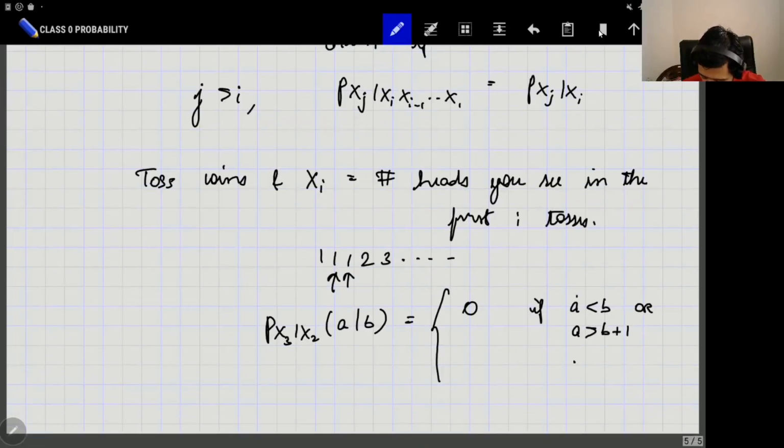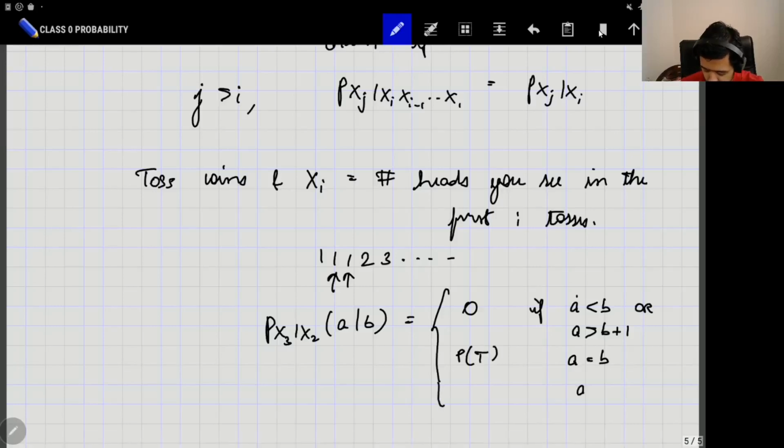If a equals b, then it means that we saw a tail, and so this is simply the probability of seeing a tail. The only other case left is a equals b plus 1, and this is equal to the probability of seeing a head. So this is the conditional distribution of x3 given x2, and this certainly forms a Markov chain.